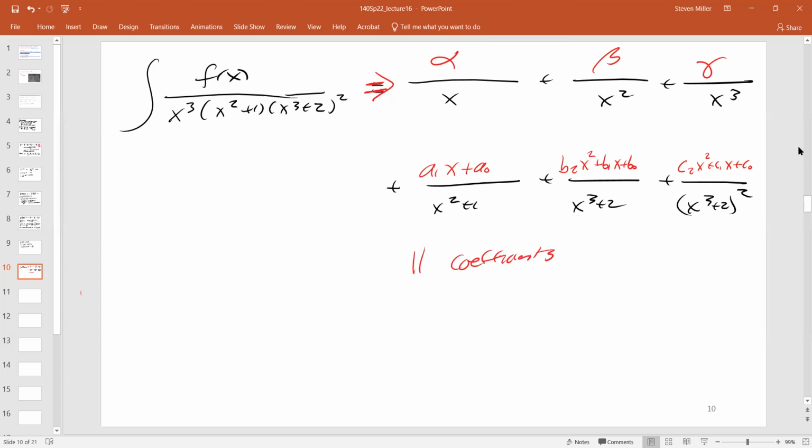What's the degree of the polynomial over here? Polynomial has degree 11. How many coefficients does a polynomial of degree 11 have?